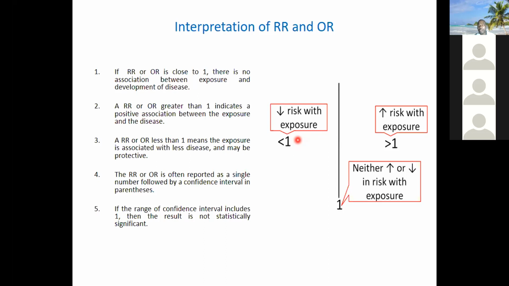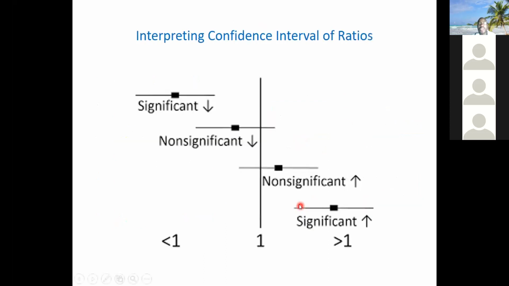But if it's greater than 1, the risk is greater with exposure. If it is 1, neither the risk nor the exposure causes it. That means there is no association. That particular factor, doing it or not doing it, has nothing to do with that disease at all. So that is the interpretation.